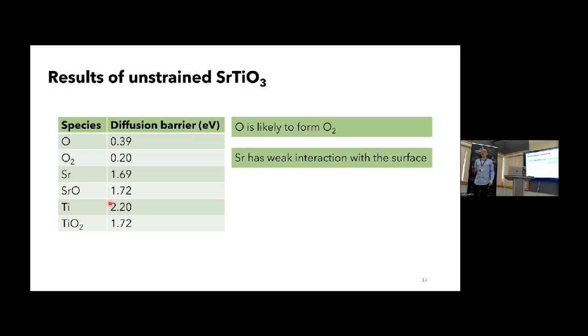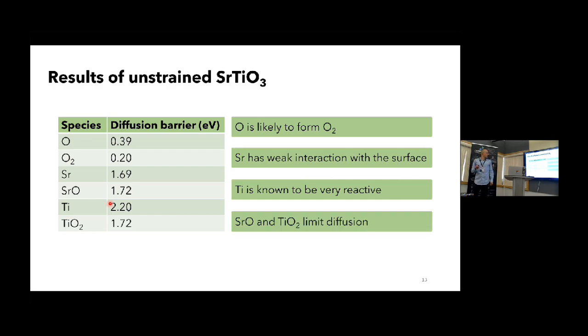Strontium and strontium oxide are very similar because strontium has the lowest diffusion barrier and the lowest electronegativity and doesn't want to react with the surface. Titanium and titanium dioxide: titanium is known to be very reactive, so it's very likely that it immediately forms titanium oxide or dioxide. But in general, the rate limiting steps are basically strontium oxide and titanium dioxide, since it's unlikely under ambient conditions that titanium will diffuse on its own without oxidizing.